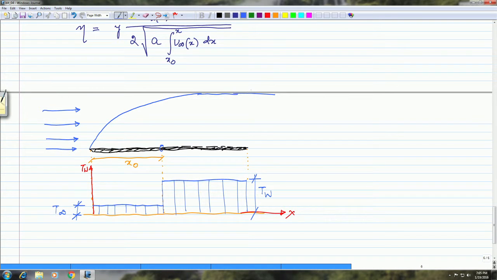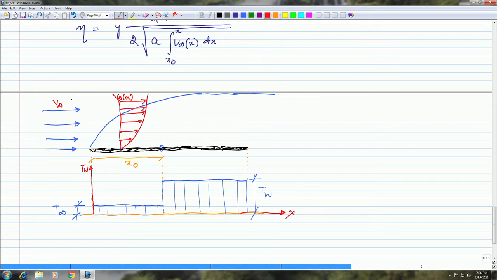So it just forms a boundary layer, and if at any location I were to draw the velocity profile, it would look something like that. So this is v infinity. This is my velocity profile.